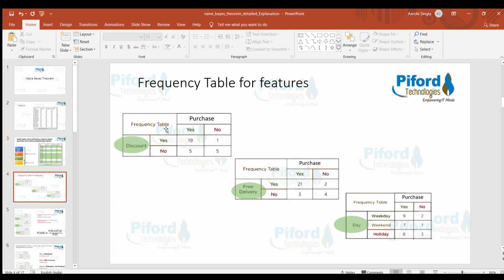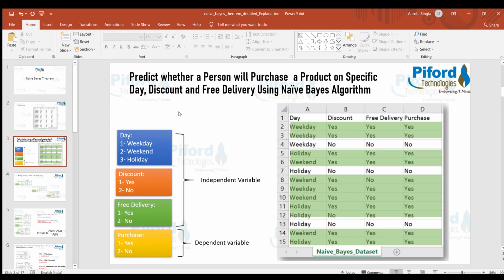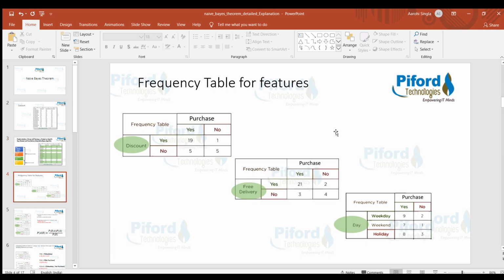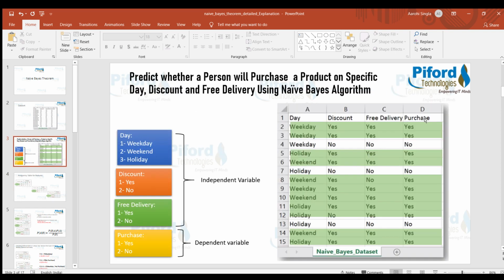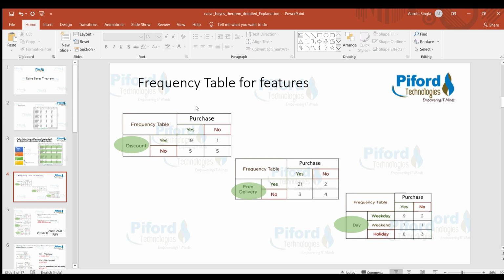So this is the frequency table for the discount column. This is the column name, and the discount column has two kinds of values, yes and no. Over here we have the other column, purchase, the dependent variable which we want to predict. Again, purchase has two values, yes and no, meaning either the person purchased a good or did not.